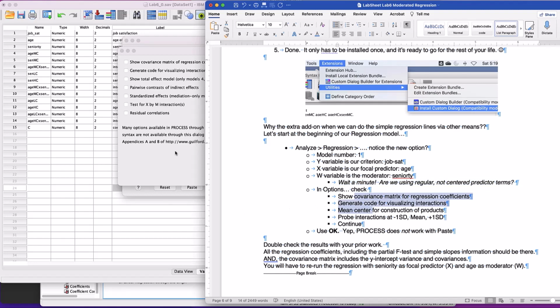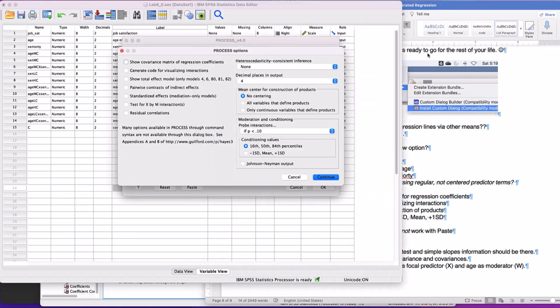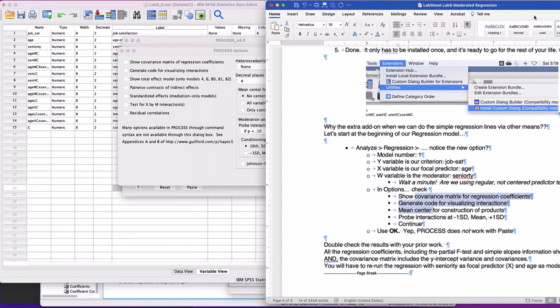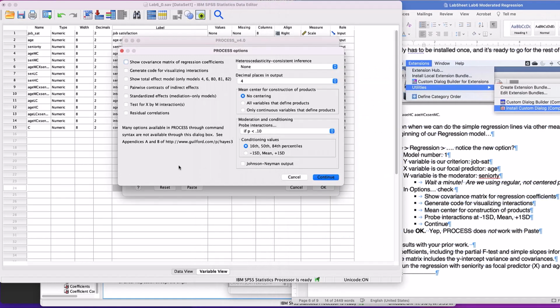We want the covariance matrix. Let me move this aside so I can see the tips. Covariance matrix. We want to generate some code for visualizing the interactions. And we want mean center. There we go. Mean center for construction of products, all the variables that define it.